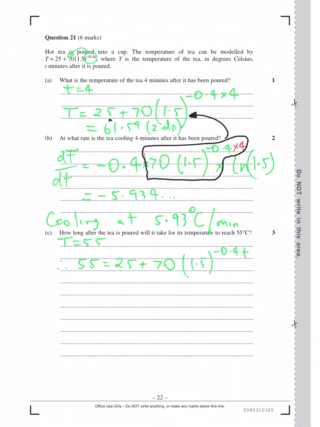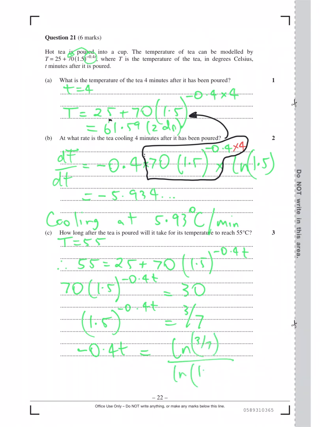I'm going to take away 25 first and have 70 times 1.5 to the negative 0.4t is equal to 30, and divide by 70 now to get 1.5 to the negative 0.4t is equal to 3 over 7. I'm going to have to use a change of base here because I don't have a base that I can naturally use. So I'm going to say negative 0.4t is equal to the natural log of 3 over 7 divided by the natural log of 1.5.